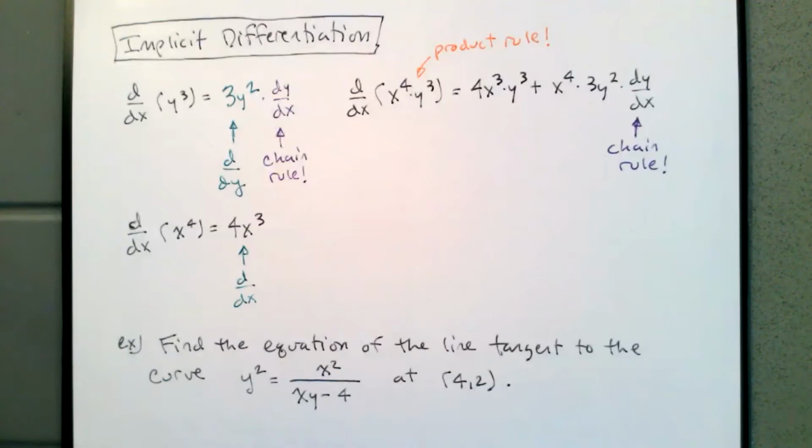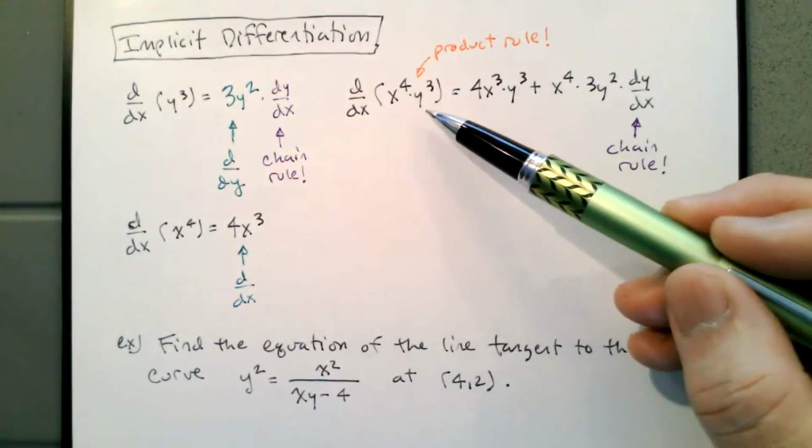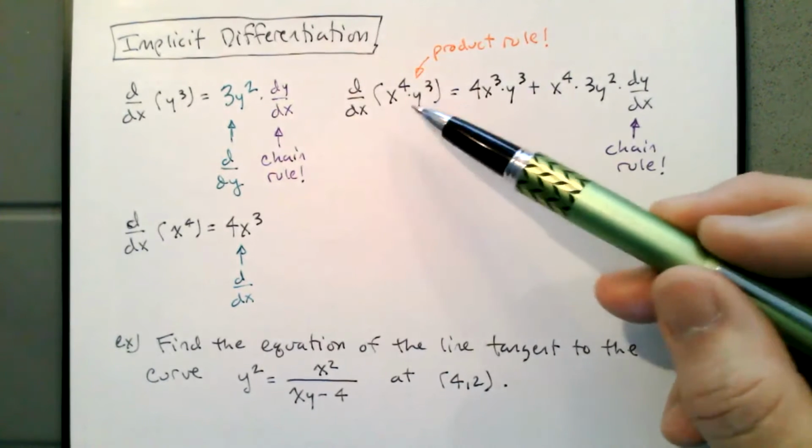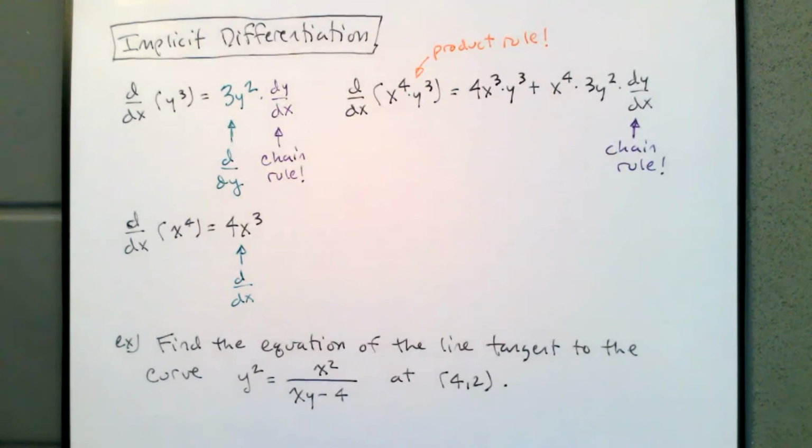In another problem, here I have x to the fourth times y to the third. I need to read this as two things that are related to x being multiplied together. So we're going to use the product rule.